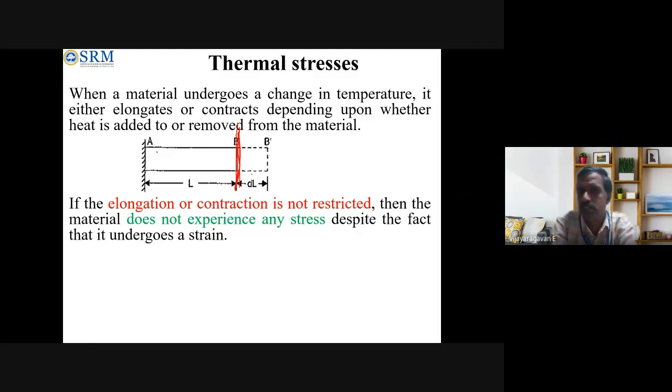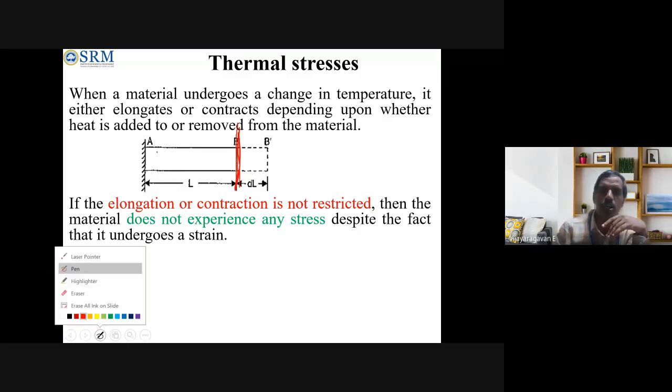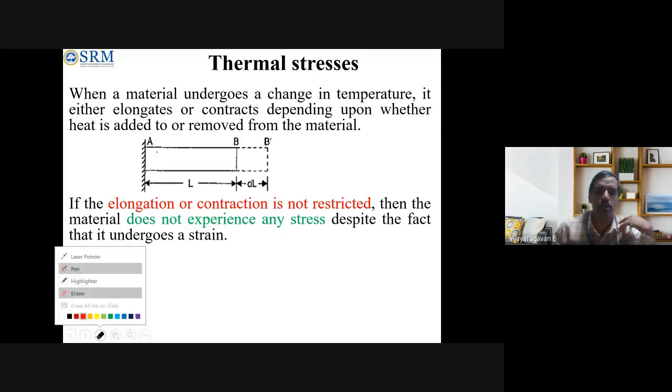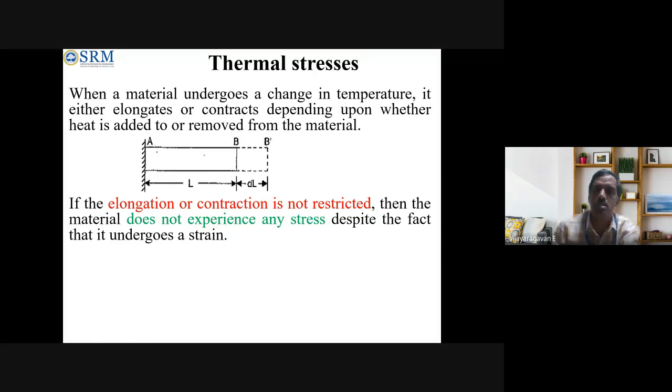When we introduce some constraint, the material cannot expand, and in that instant additional stresses will be introduced. Now, there is no restriction here, so it is just going to expand. We have a material member subjected to an increase in temperature.